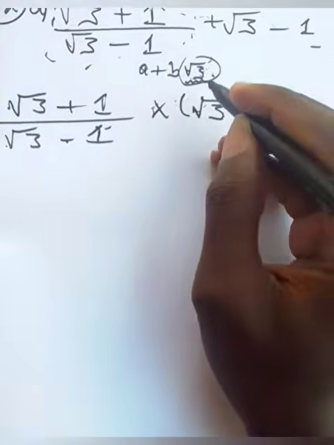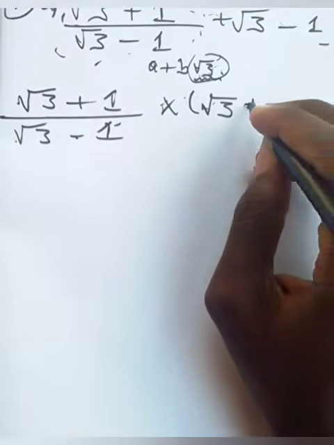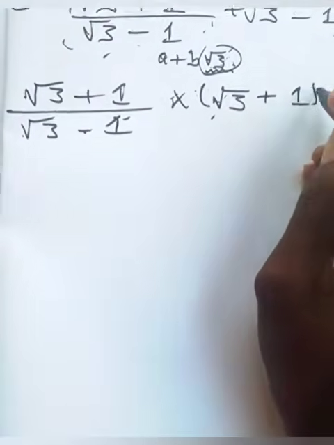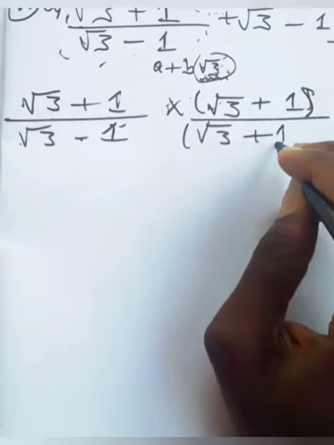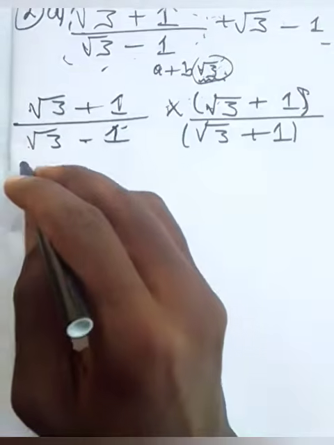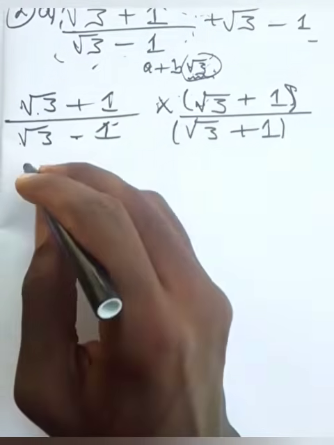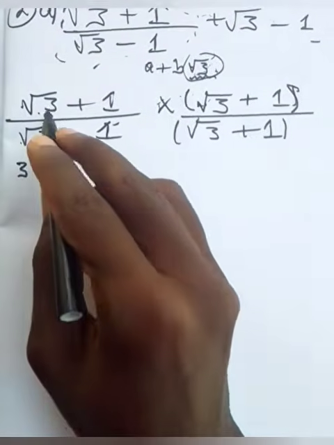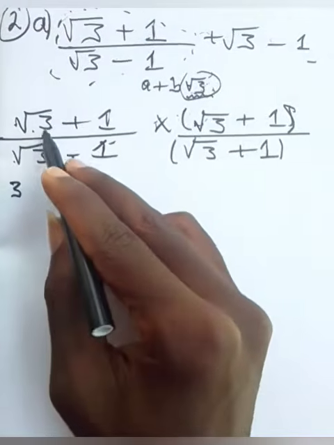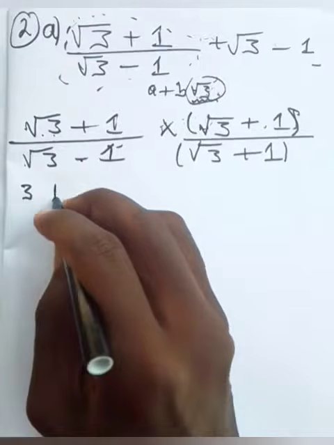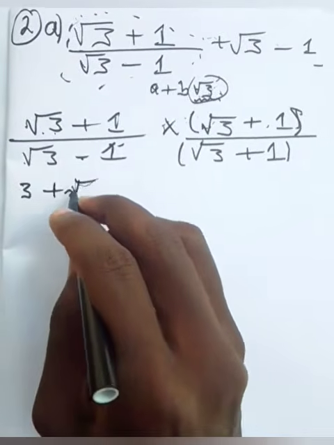So I'll change the sign of what is between, so we'll change it to plus 1, then the bracket, then we multiply through. This time this is going to be 3, and then this time this is going to be plus square root of 3.